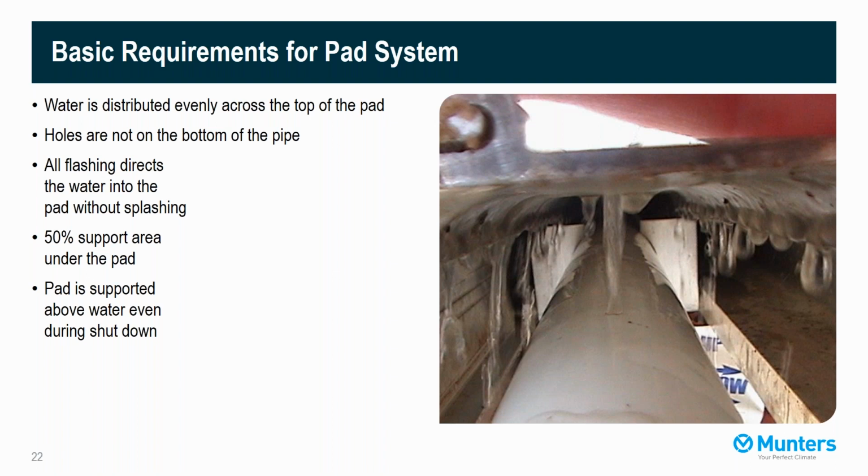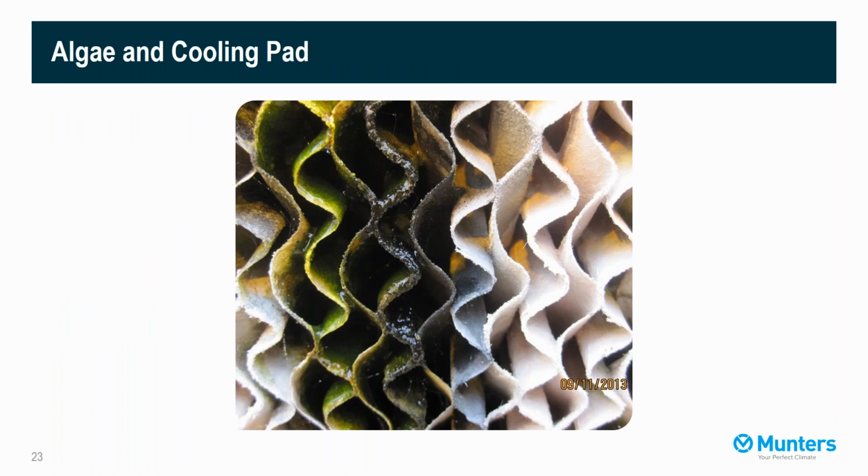We want 50% of the pad area to be supported at the bottom, and we want to make sure the pad is supported above the water even during the shutdown of the system, so that the pad does not sit in water all the time.